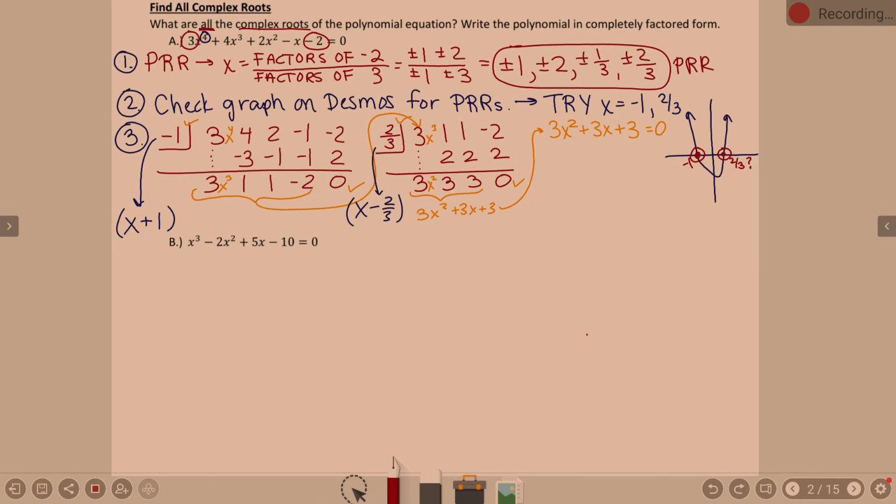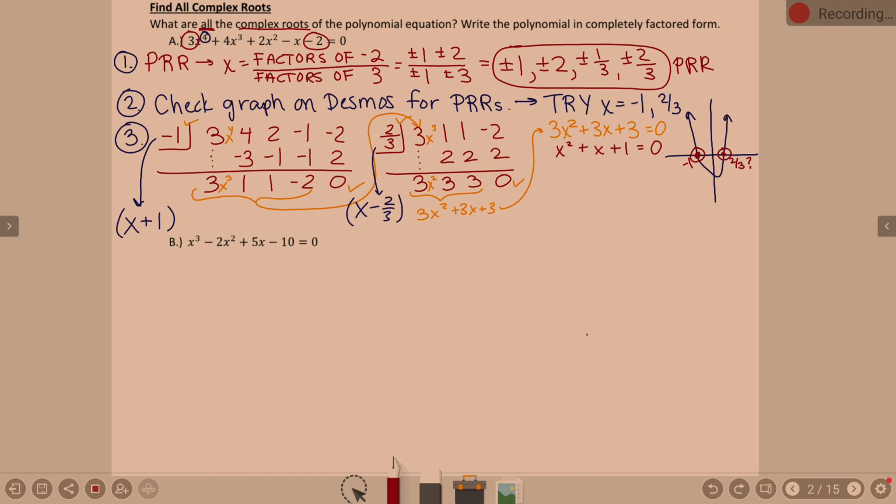So if I divide everybody by 3, what does this equation become? x squared plus x plus 1. We still have to use quadratic formula, but instead of using 3s, you can use smaller numbers and use 1s. Can you use the 3s to get it to work out? Yes. If you've already started using 3s, you'll just have to reduce at the end.